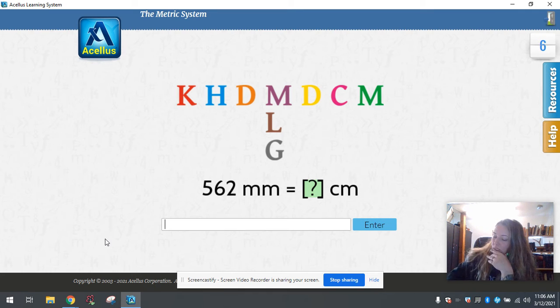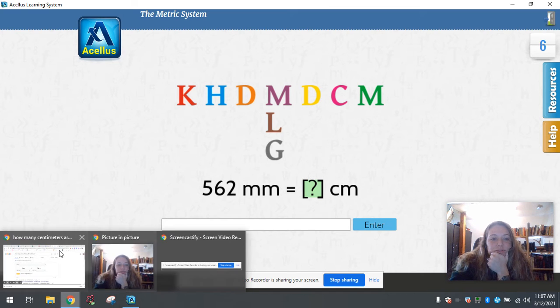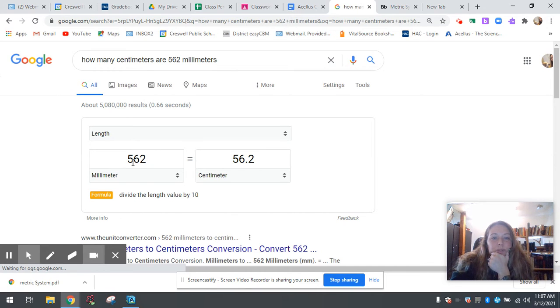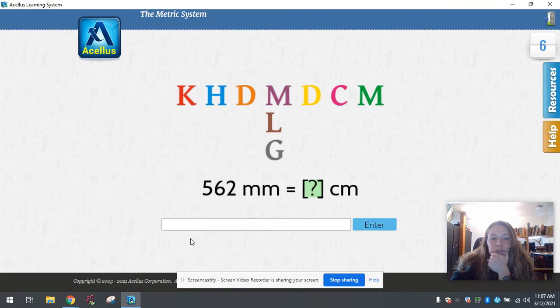I looked at my notes that I took, and I'm going to say it would be 0.052 centimeters. Nope, it would be 56.2 centimeters. Okay.